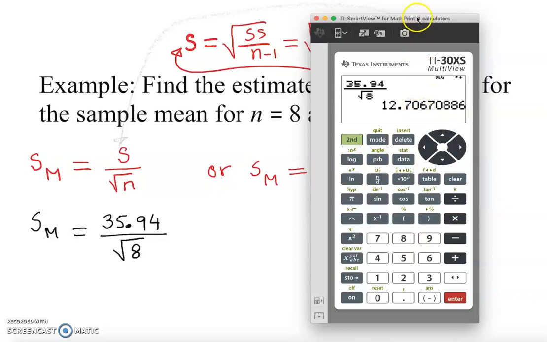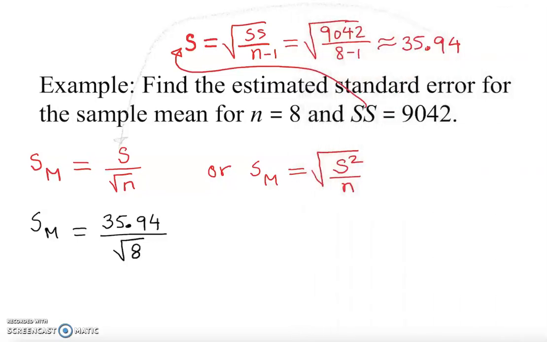Approximately 12.71. So my estimated standard error of the mean is approximately 12.71. I say approximately because I rounded things.